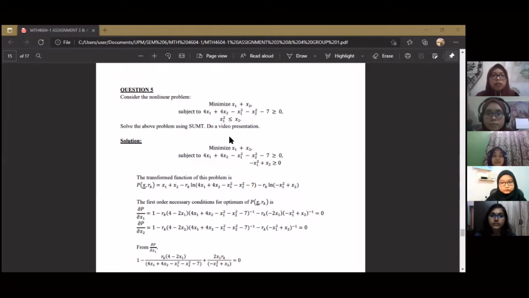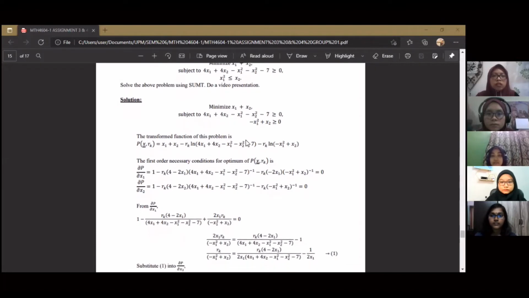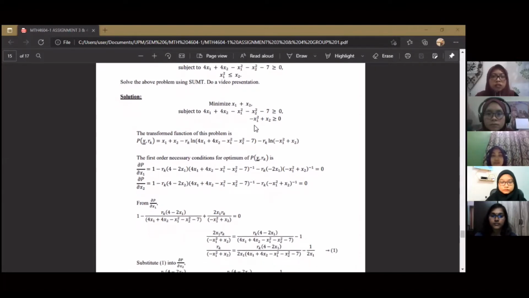Okay, the solution is, first for the constraint, we just bring x2 to the left hand side, which is x1 square plus x2 greater or equal to 0.